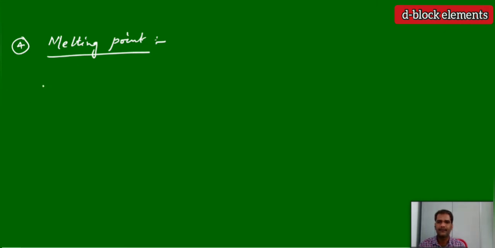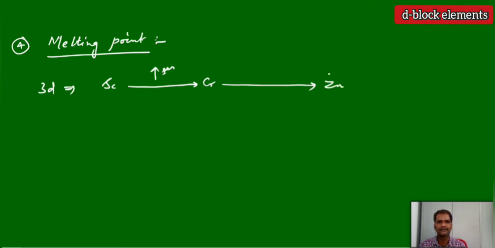Now again if you see in the case of the 3d series, from scandium to chromium, you can observe the melting point will increase. This is important here: scandium to chromium, melting point increases. Again from chromium to zinc the melting point decreases.